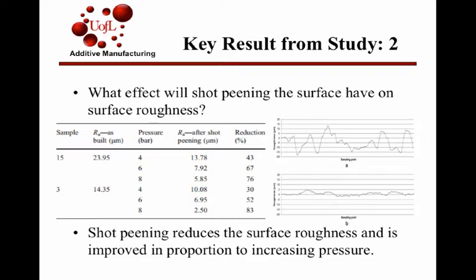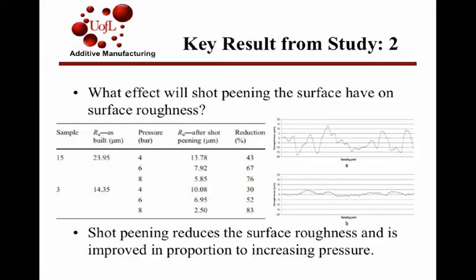All right, so now we're looking at the effects of shot peening on the surface, which is a post-process, cold working process where they're taking glass microspheres and blasting them at the part. So it creates compressive stresses on the surface of the part, and it decreases the surface roughness as the pressure of the process increases.